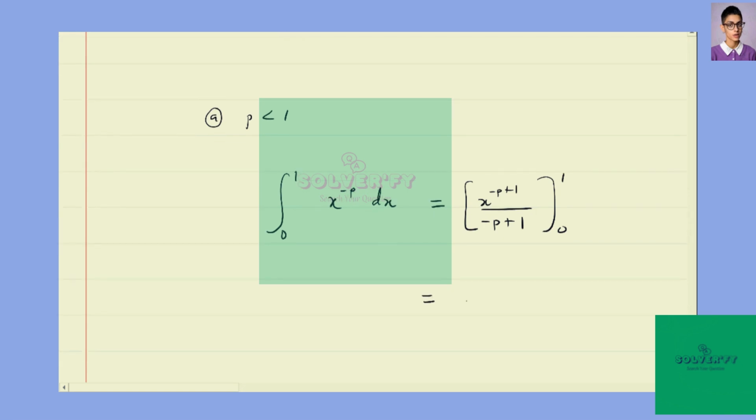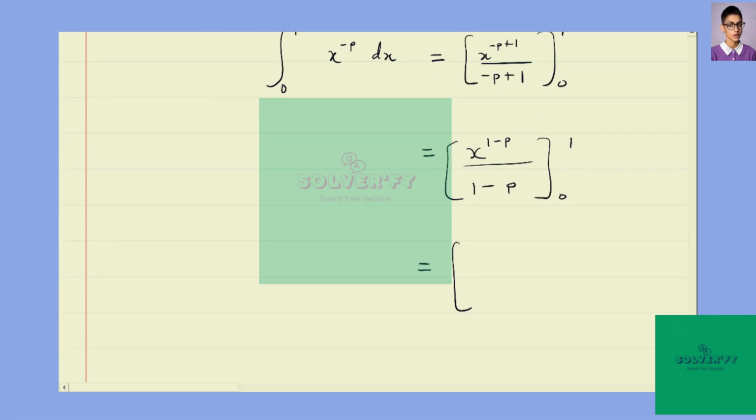So here we can write it very well as x to the power 1 minus p, then all over 1 minus p again, from 0 to 1.